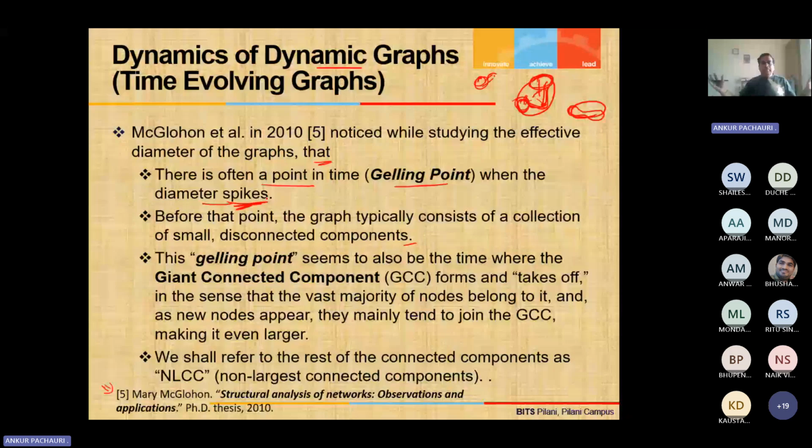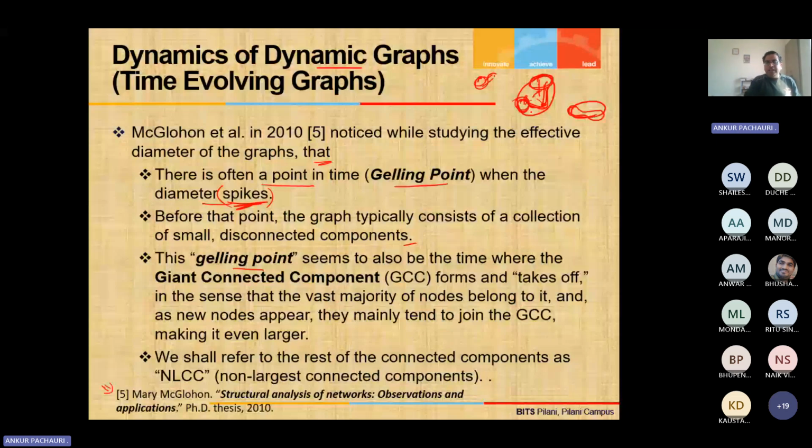At this point, when the components were merging together, they were giving rise to spikes. Before that point, the graph typically consists of a collection of small disconnected components. But at this gelling point, a giant connected component forms and takes off, in the sense that the vast majority of nodes belong to it.